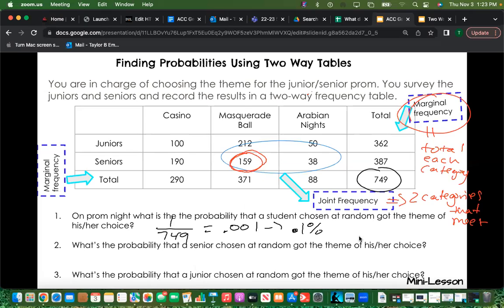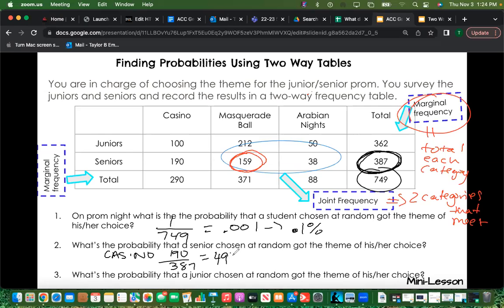Okay. So number 2, it says, what's the probability that a senior chosen at random got the theme of his or her choice? Okay. So out of all of the seniors, we got 387, right? Now, for each one of these, there's a different percentage. So for casino night, we had 190 out of 387. So what's the likelihood of actually getting casino night?